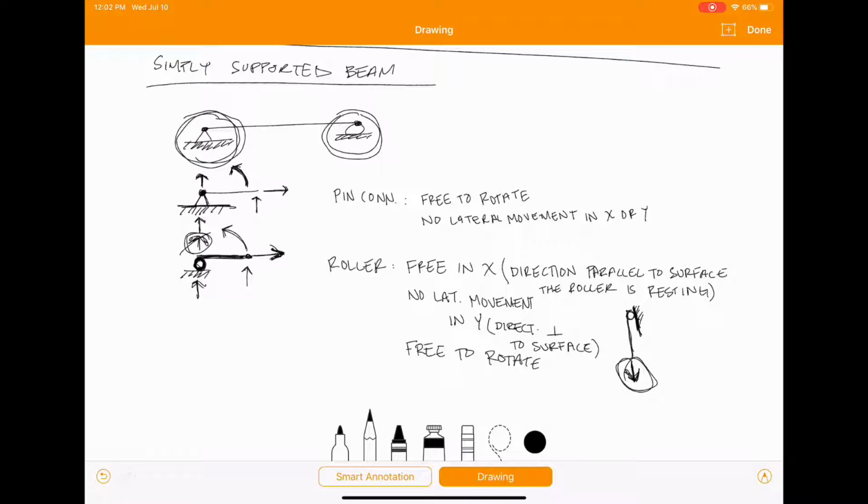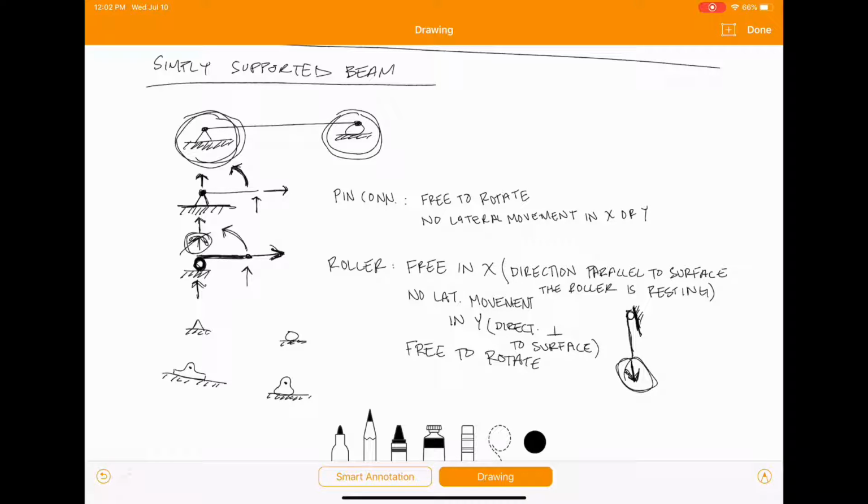Oftentimes when you're drawing them by hand, this is typically how you draw a pin and a roller. However, in textbooks, they might get a little bit fancier. That might be kind of what your pin looks like. Your roller sometimes will look more like a rocker in textbooks, something like that.